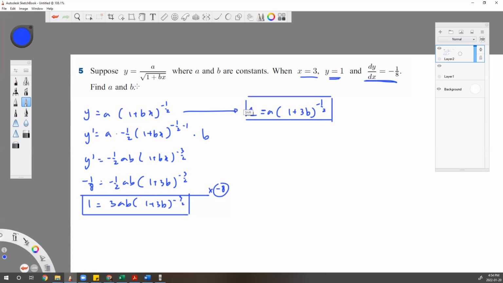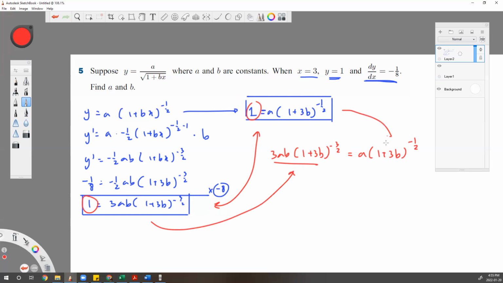I have another way, but I think b is also 0. 1 equals 1, so we have the 1 here and 1 there. So 3ab(1 plus 3b) to the power negative 3 over 2 equals a(1 plus 3b) to the power negative half. So this one equals to that one.